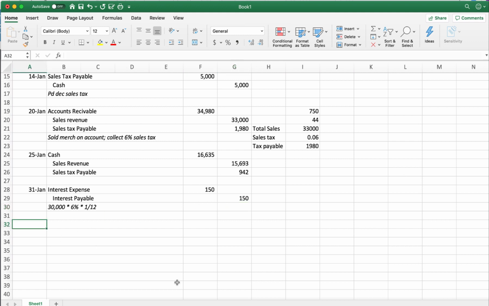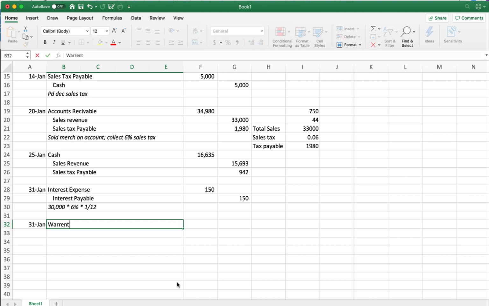The next journal entry we need to do is to recognize that warranty expense. Super easy to do, right? Warranty expense is going to be debited, and I'm going to credit my warranty liability.